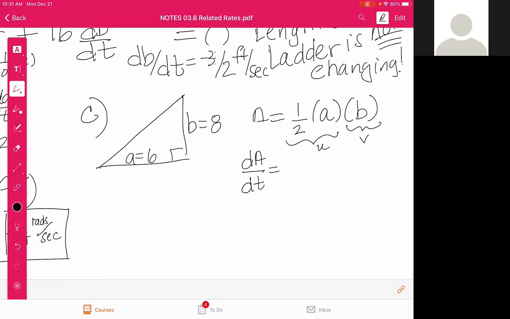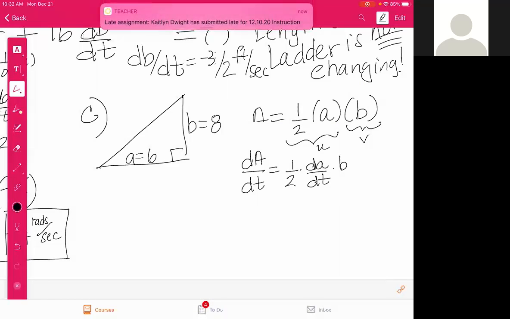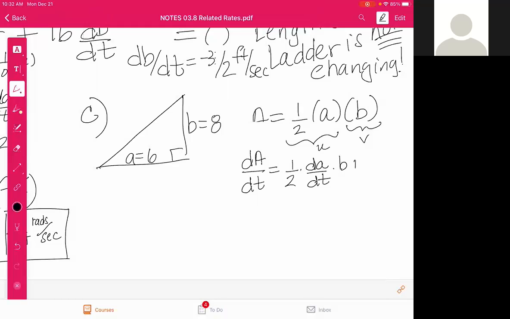So derivative of U is going to be 1/2 dA dt times B plus the derivative of B is dB dt times 1/2 A, or I'm just going to squeeze it in here as A over 2.